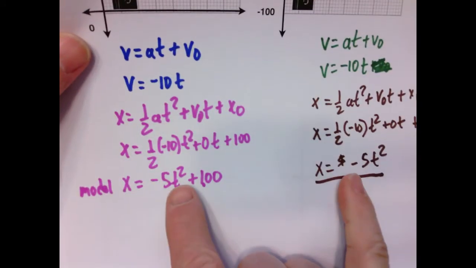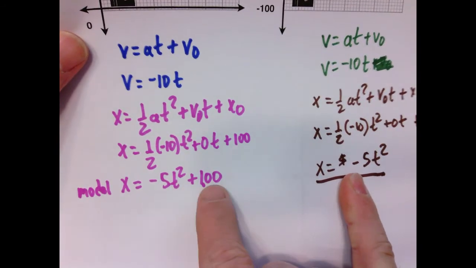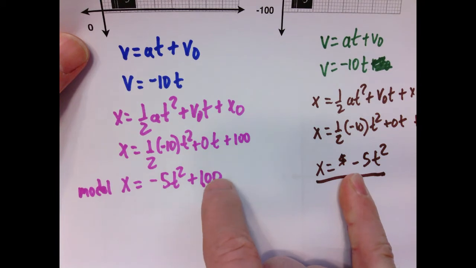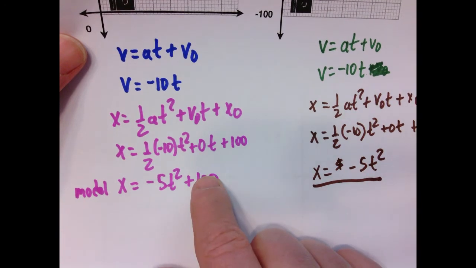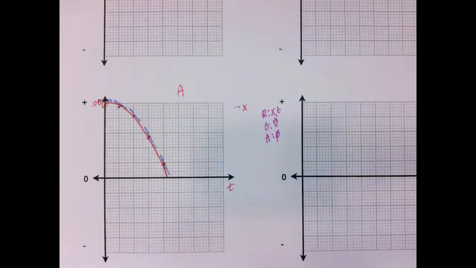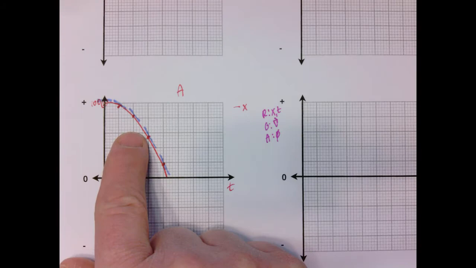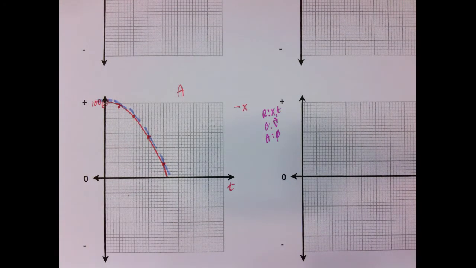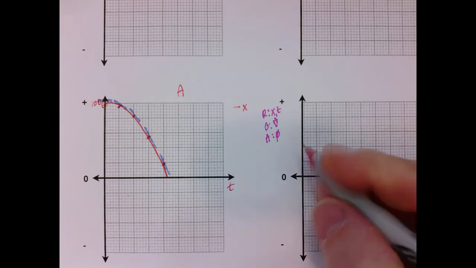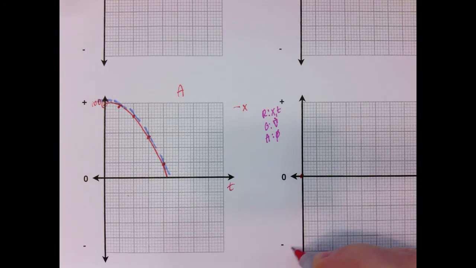Well, what is the difference between these two models? It's this intercept. In this case, the intercept is 0. In this case, the intercept is 100. So all that will occur in our graph is this curve being shifted downward. So we have 0 and we have minus 100.